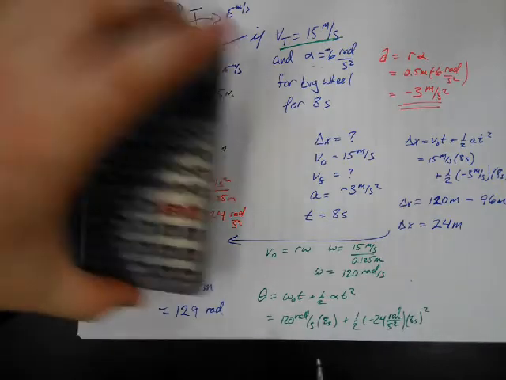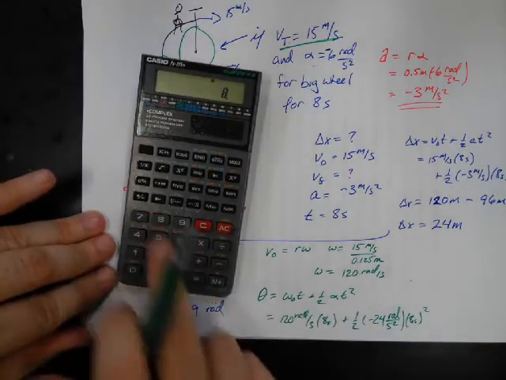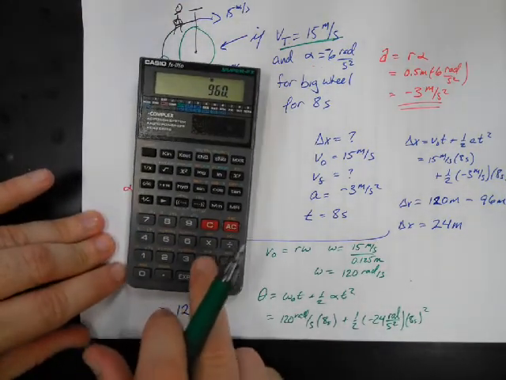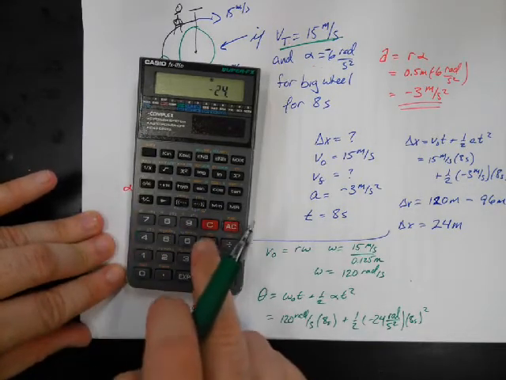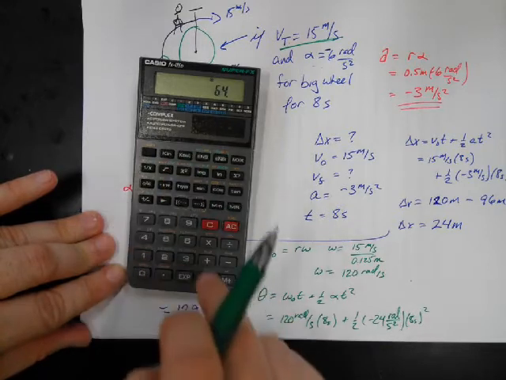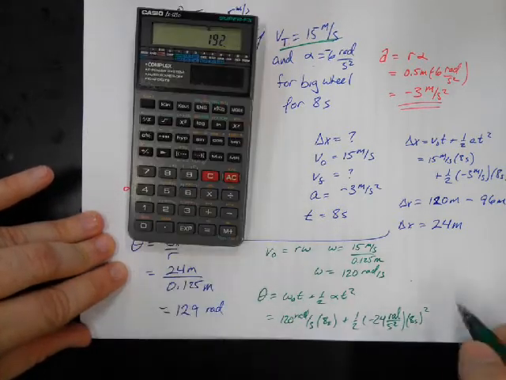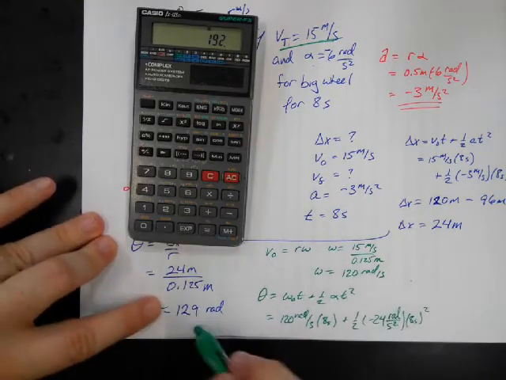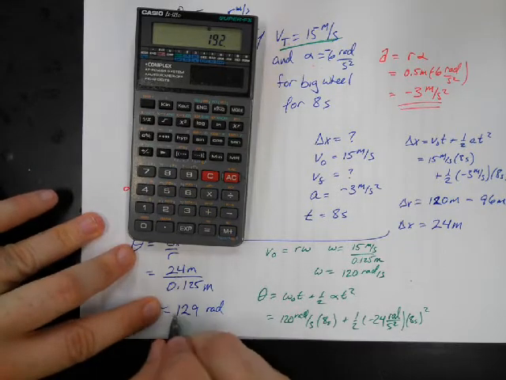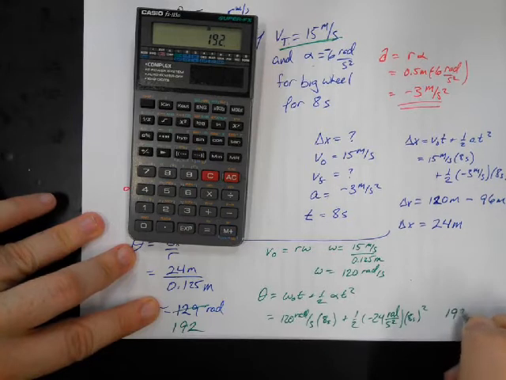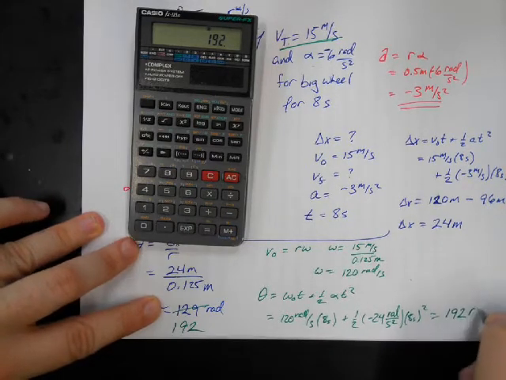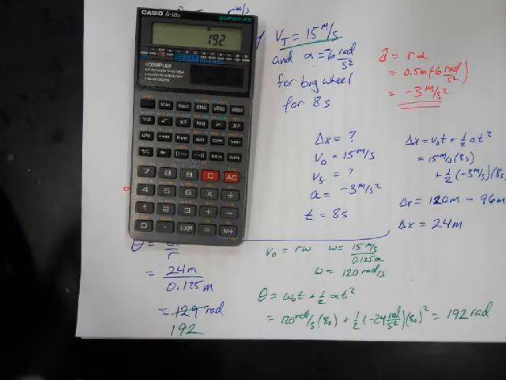And so when we do this math, 120 times 8 plus 0.5 times negative 24 times 8 squared is, did I write this backwards? I did. It's 192 radians.